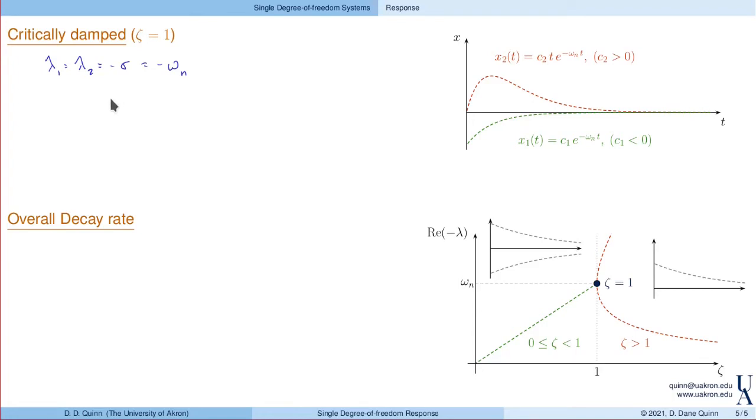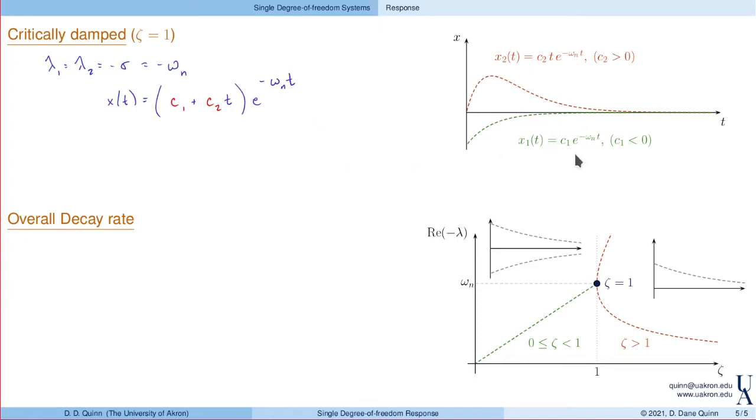And the solution takes the form x of t is, it's a little bit different. It ends up looking like c1 plus c2, c2 is again arbitrary, times t, e to the minus omega n t.